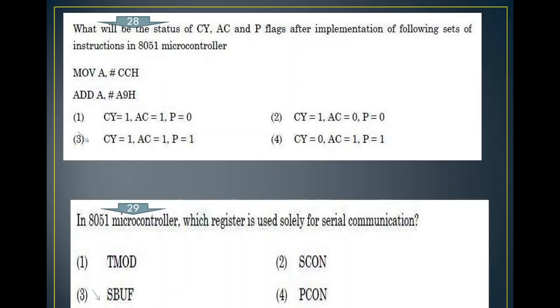Okay. Next question. Question number 28. What will be the status of CY, AC, and P flags after implementation of the following set of instructions in an 8051 microcontroller?